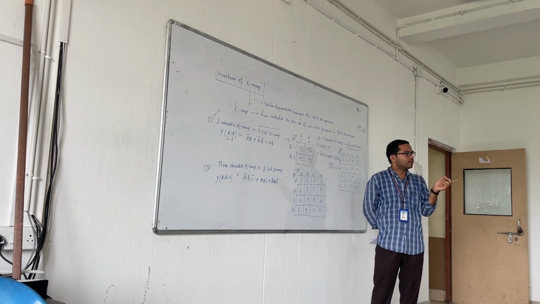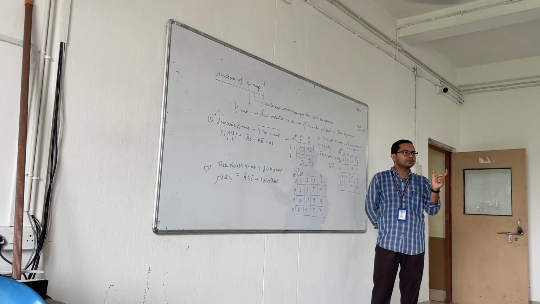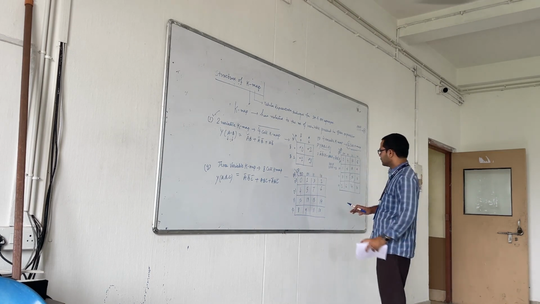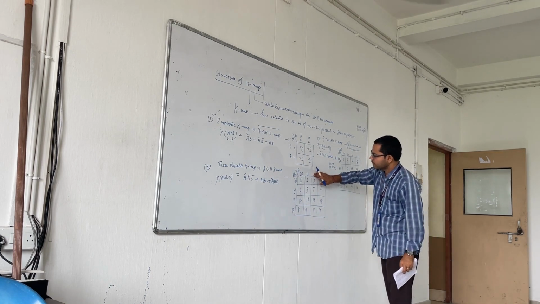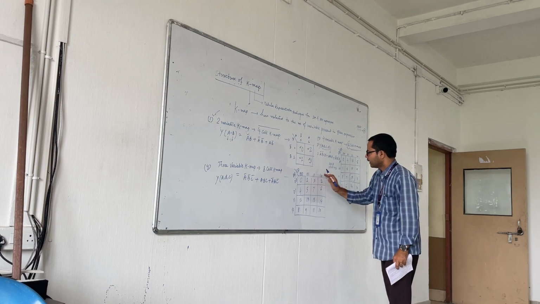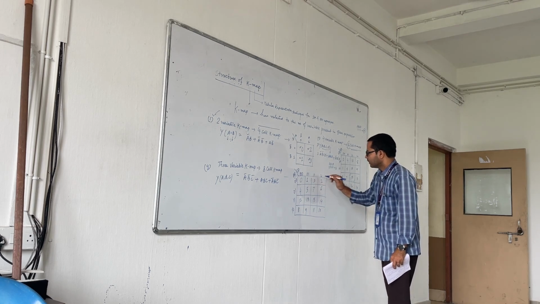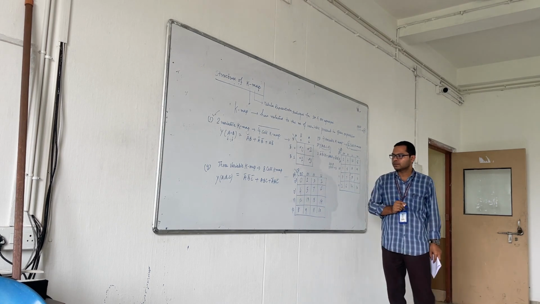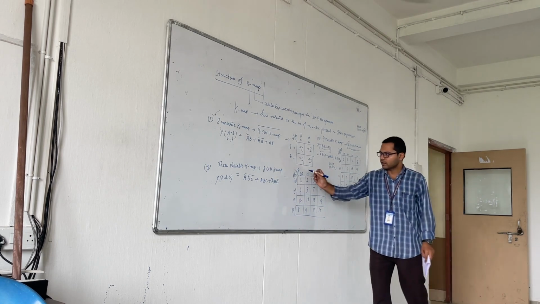Because the condition to become adjacent cells is what? They differ by only one variable. So let's check: if we write 1 0 here and 1 1 here, then what is the variable difference?